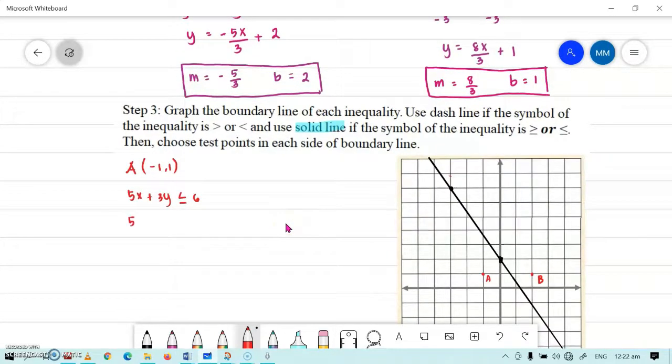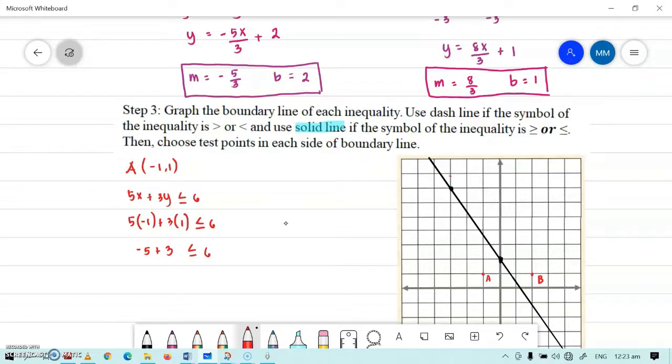We have 5 times x, which is negative 1, plus 3 times 1 is less than or equal to 6. 5 times negative 1 is negative 5 plus 3 times 1 is 3, is less than or equal to 6.